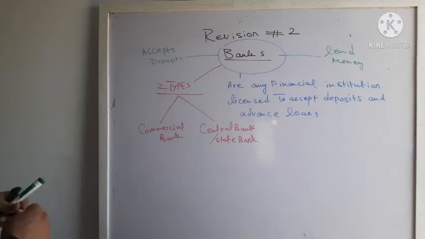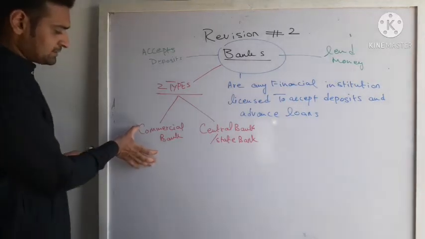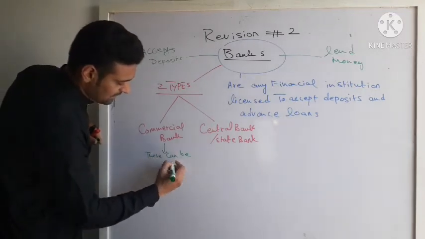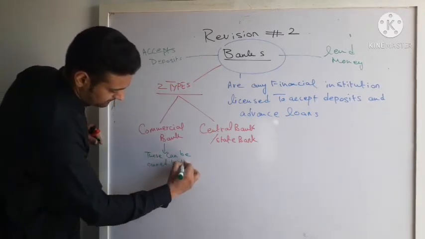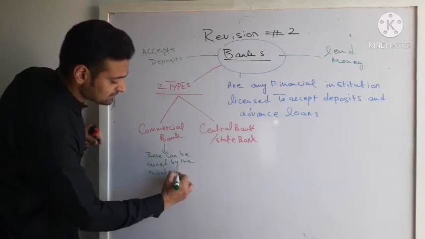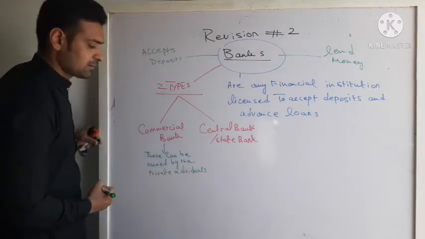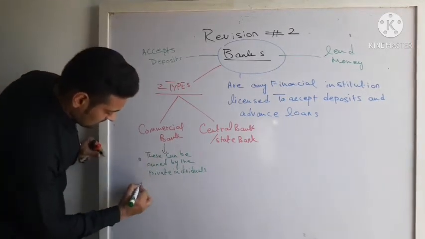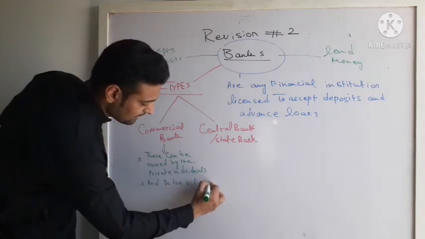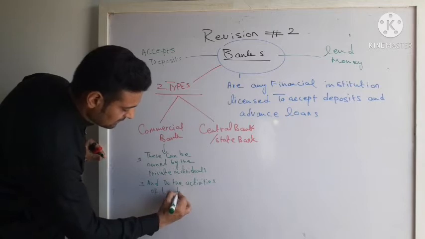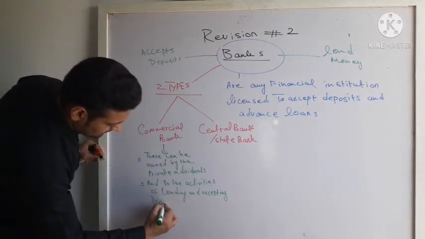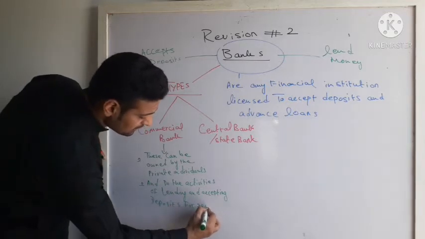If we talk about commercial banks, these can be owned by the general public, or we can say owned by private individuals, and they do the activities of lending and accepting deposits for the general public.